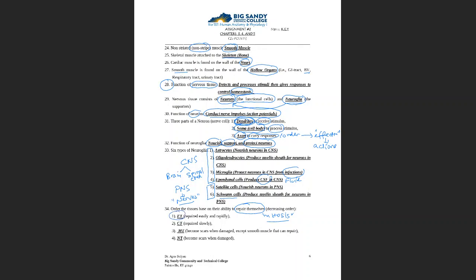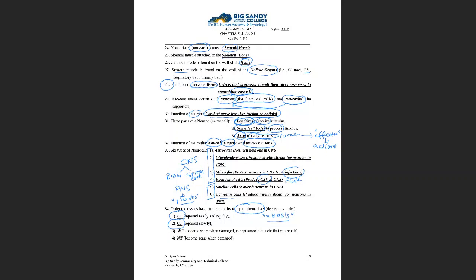It's actually replaced almost every 10 days. Your skin cell, which is epithelial tissue, will be replaced. Connective tissue also has the ability to repair, but it takes a little bit longer compared to the epithelial tissue. Example is blood. Your blood is replaced every 120 days.